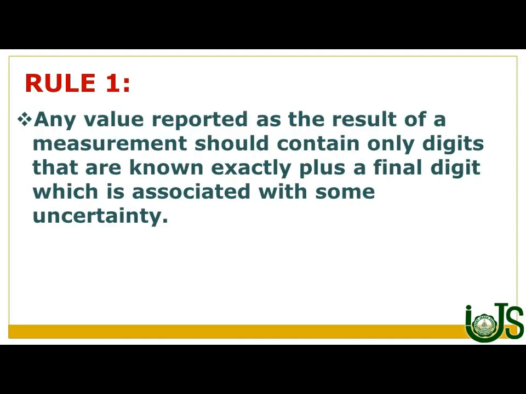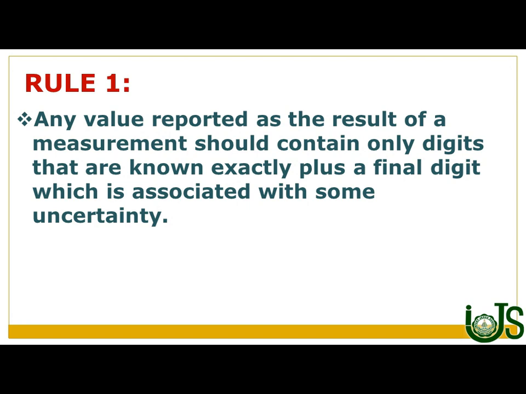The first rule is any value reported as the result of a measurement should contain only digits that are known exactly, plus a final digit which is associated with some uncertainty.